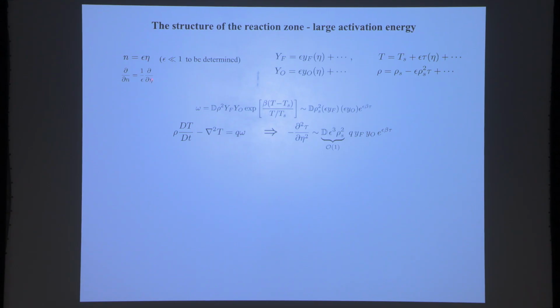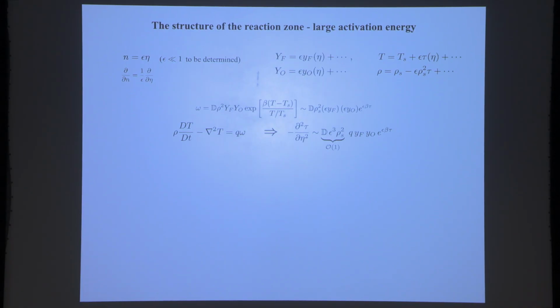After the stretching, we introduce this transformation in the equation. And so the d/dn turns out to be d/dη, and the convective term turns out to be always smaller. The reason for that is that the diffusion is a second derivative, so you have 1 over epsilon squared, while the convective term is only 1 over epsilon.